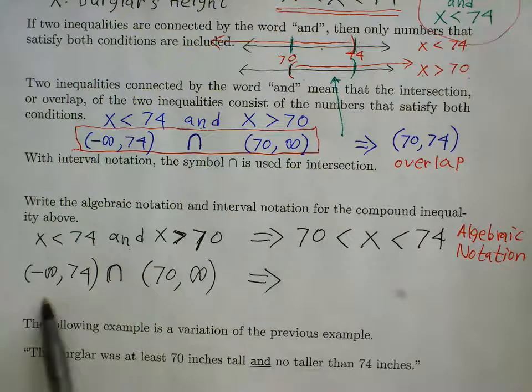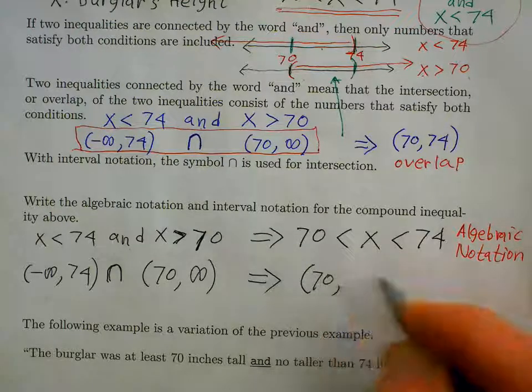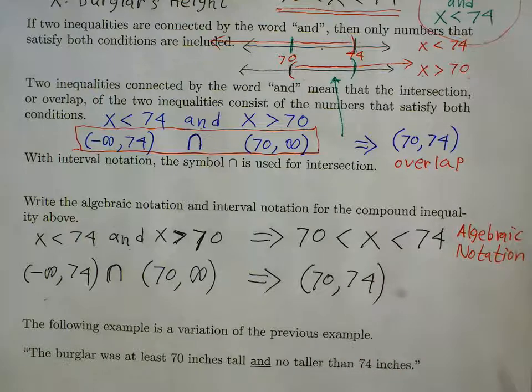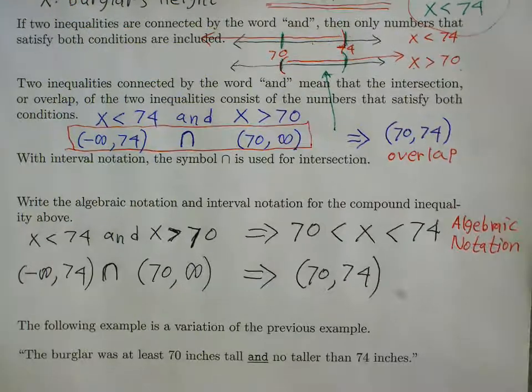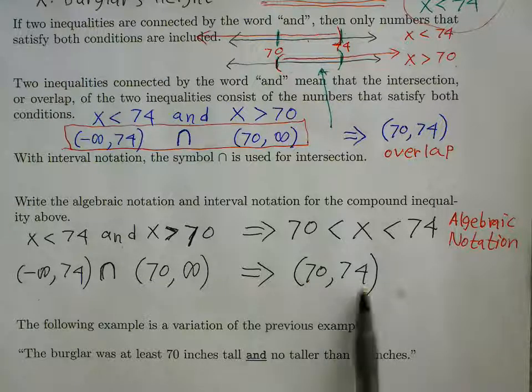But this can be written more concisely. The overlap in interval notation is parenthesis 70, comma, 74. With interval notation, we want to make sure that the smaller numbers are to the left and the larger numbers are to the right.